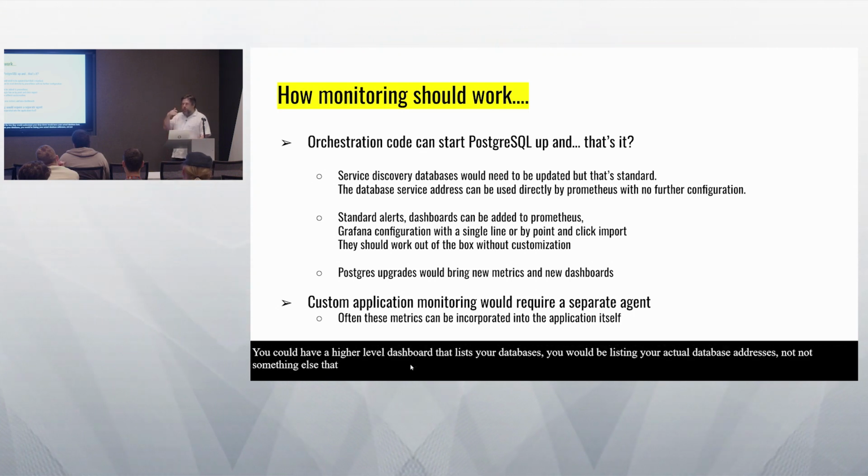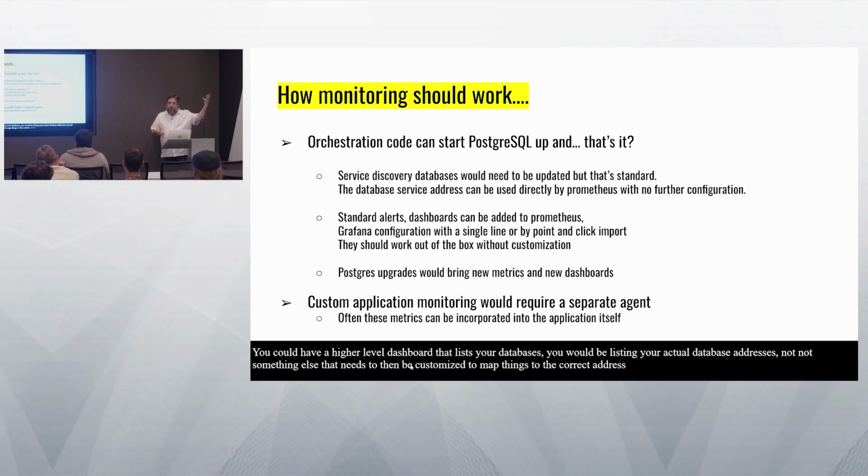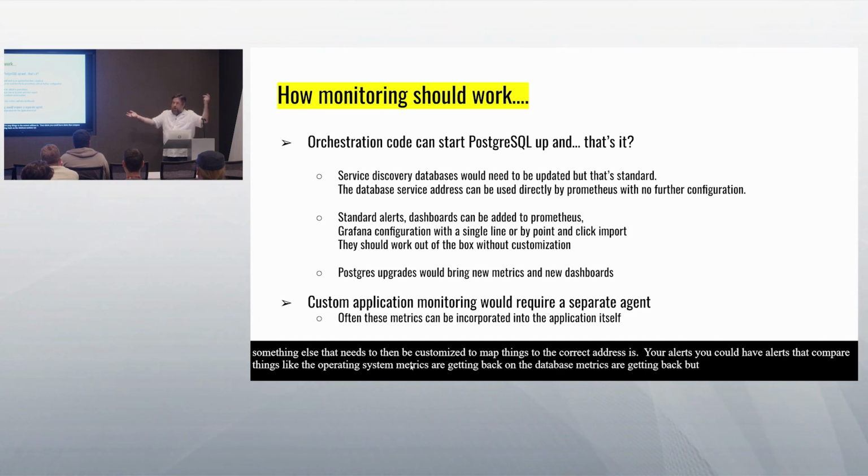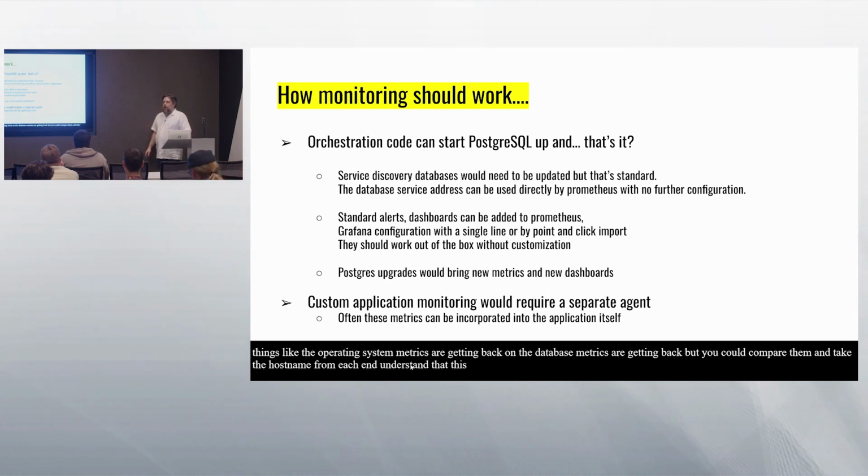You could have alerts that compare things like the operating system metrics you're getting back and the database metrics you're getting back. You could take the host name from each and understand that this database is running on the same host that these operating system metrics are coming from, because it has the correct host name in it.